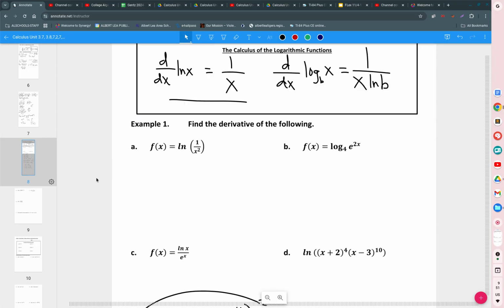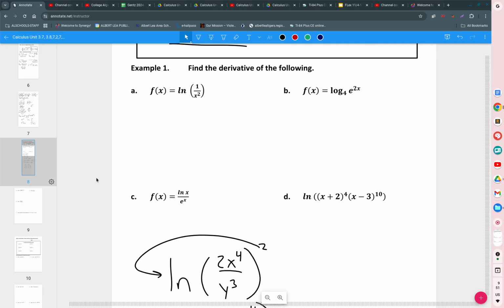And so I'm going to do this derivative 2 different ways, so you guys can then have a choice for how you're going to operate. I'm going to first do the chain rule, where I say I have the natural log of u, and then what is u? 1 over x squared, or x to the negative 2. What is the derivative of natural log of u? 1 over u.